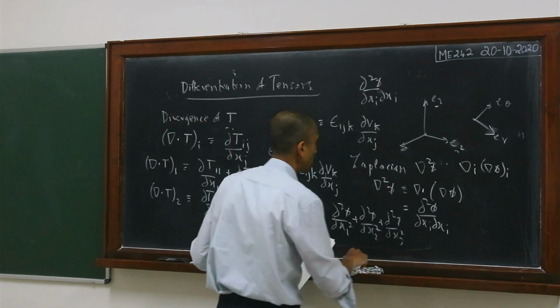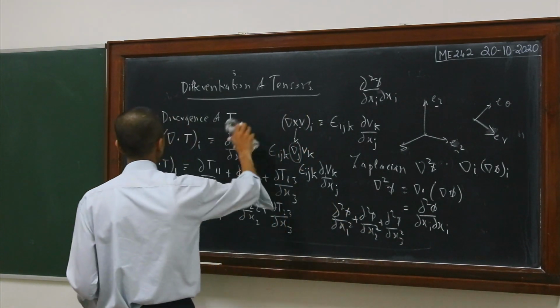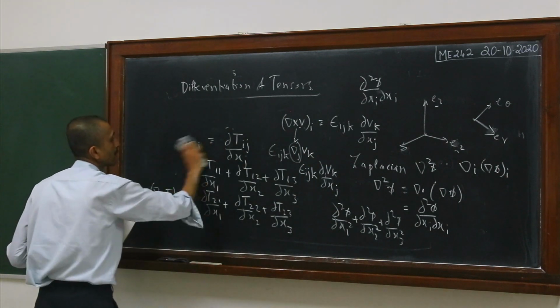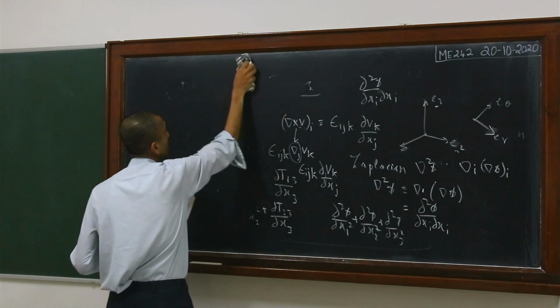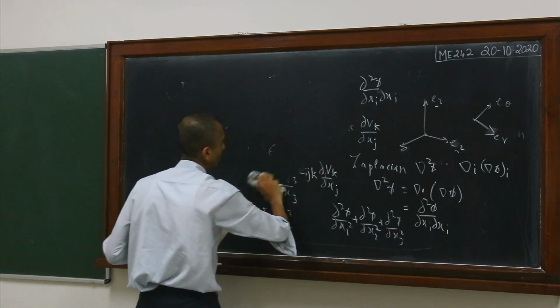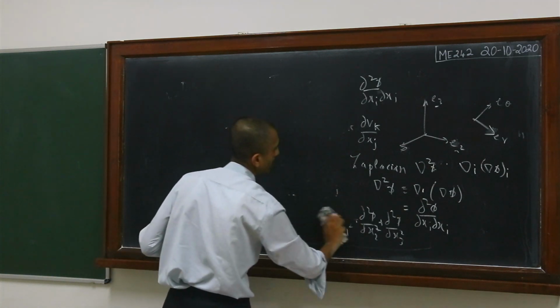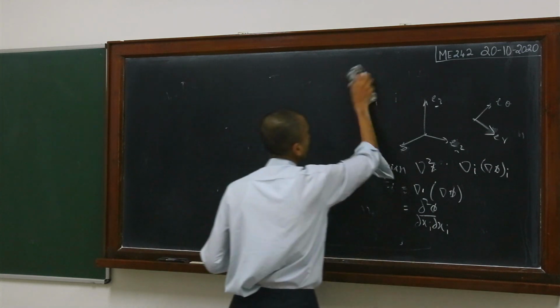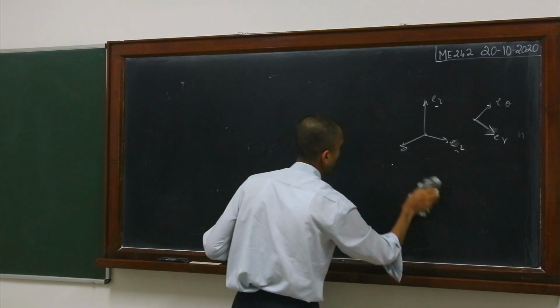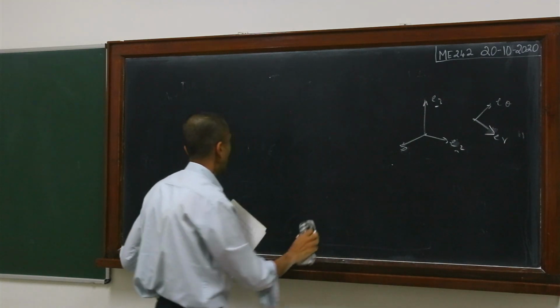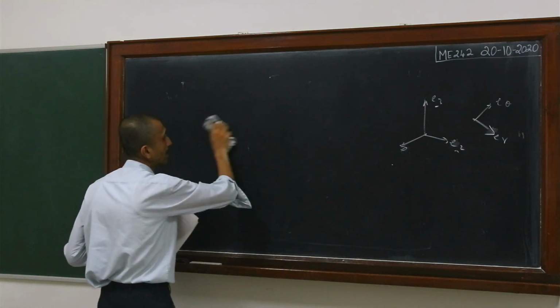So let us look at some identities now that we can prove using the usual formulae that we have derived for the alternate tensor, the Kronecker delta, and so on. You must have seen these identities during your undergraduate days, but you may not have learned how to prove them.